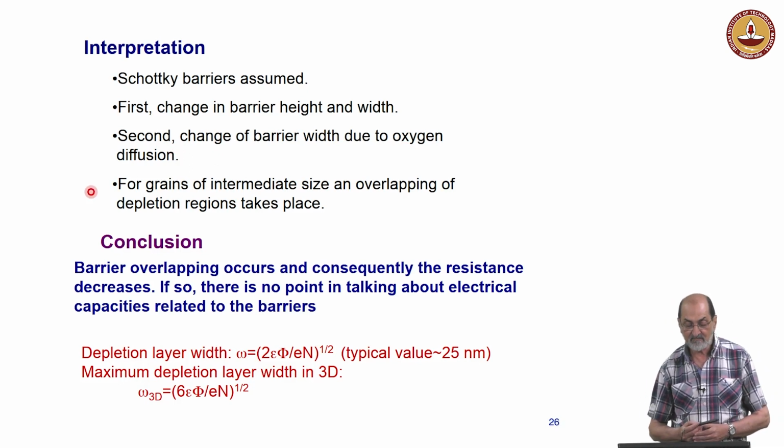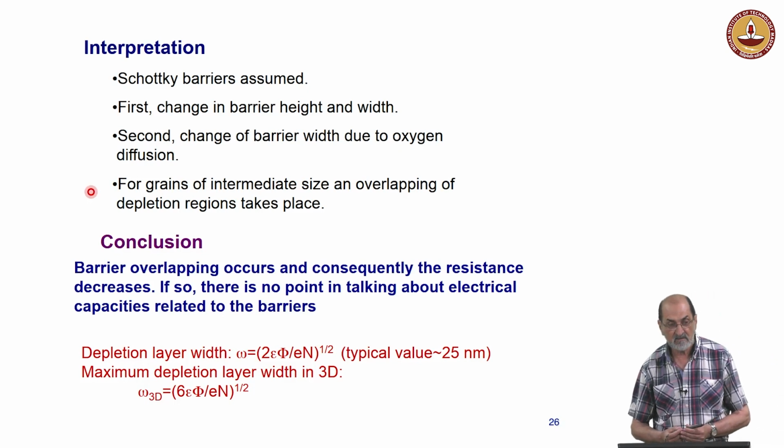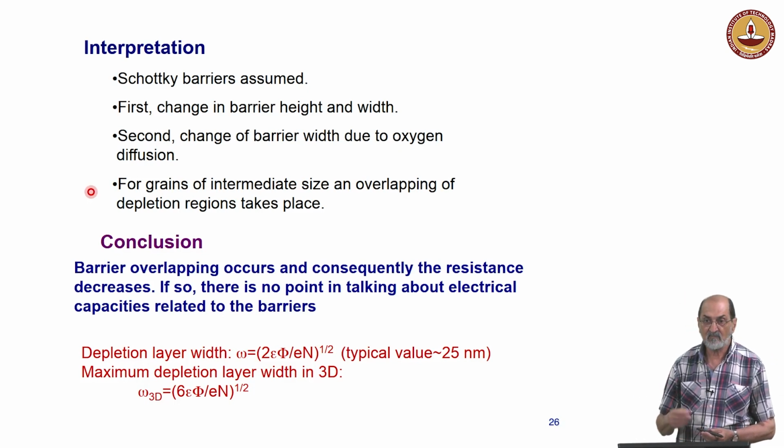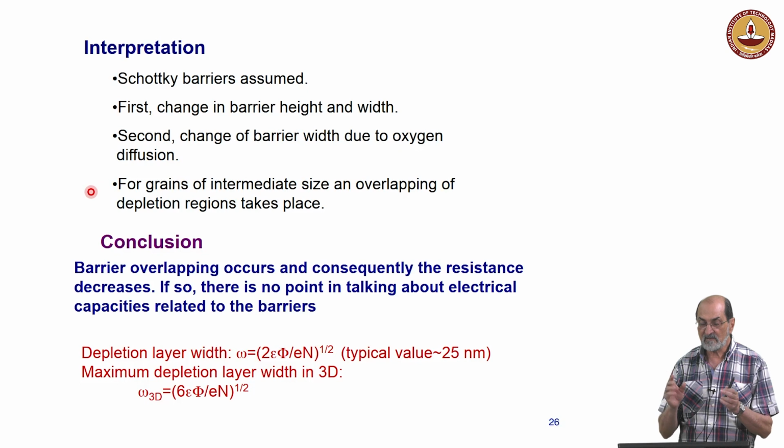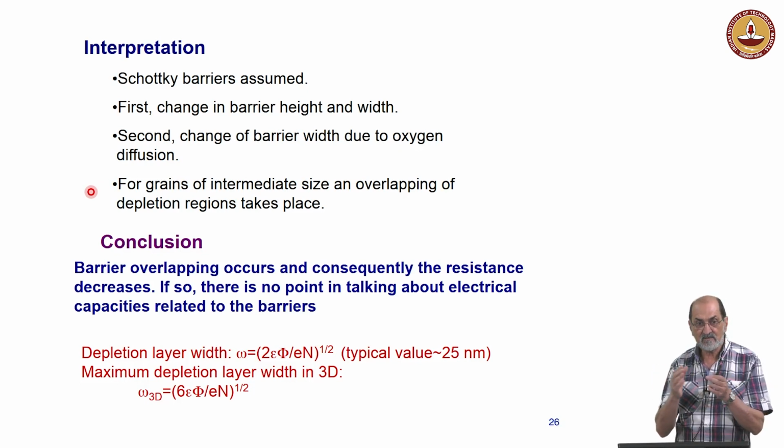If the grains are of intermediate size, it could be that in vacuum we have barriers with a bulk region in the middle of the grain, as we saw before. But if the grain is not very large, as the barrier increases, there may be no room to have a bulk region, and the whole grain could be depleted of electrons.